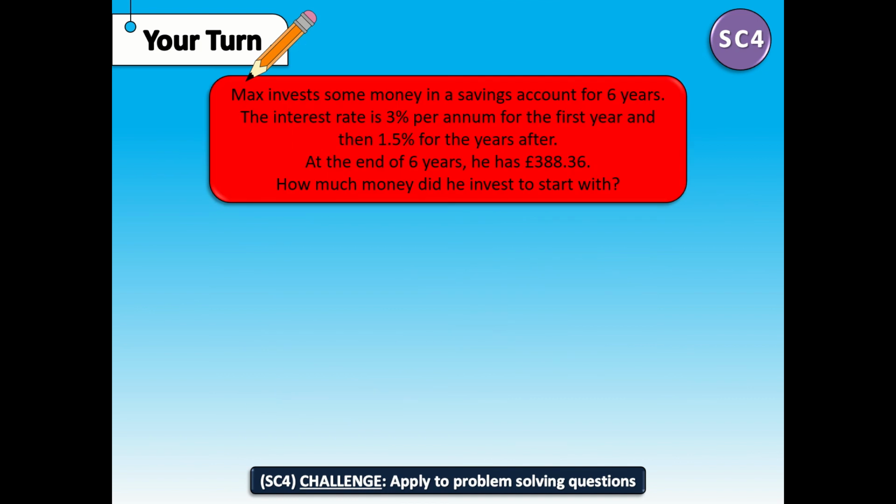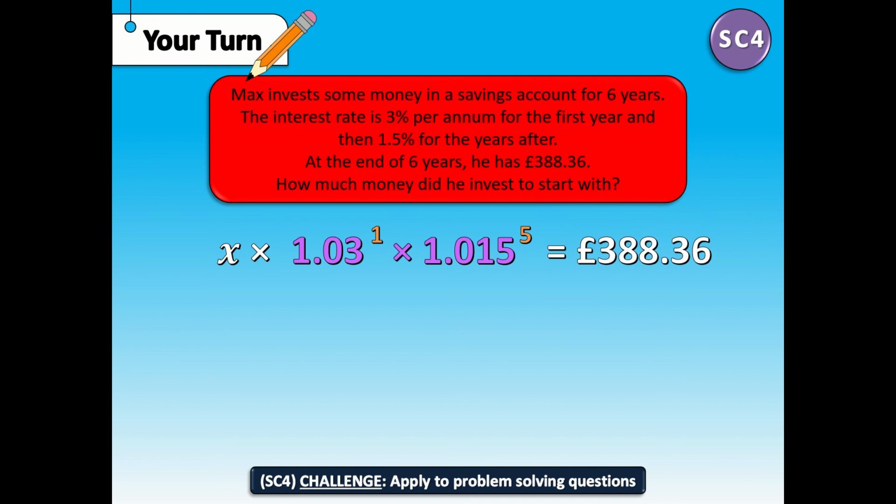For the red question, we start with an amount of money and it's been increased by 3%. So the multiplier is 1.03. Now that's for the first year. Then for the next 5 years, the multiplier will be 1.015, and that equals £388.36.